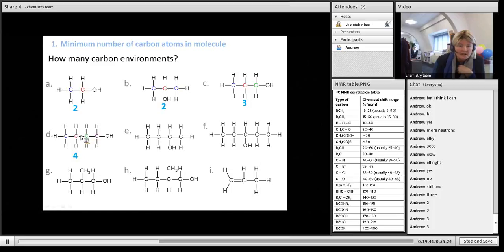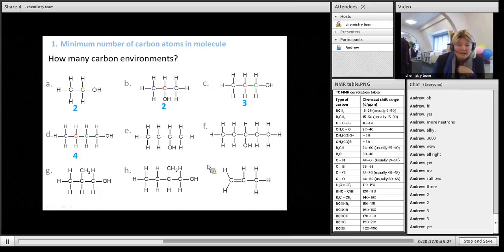But the middle one, this carbon has got 2 hydrogens, an ethyl, and a hydroxymethyl, whereas the red one has got a methyl, 2 hydrogens, and a hydroxyethyl. The green one has got 2 hydrogens, an ethyl, and a hydroxymethyl. I might have got myself a bit muddled, but can you see that the groups are different? So if they've got different groups on, then it'll be in a different environment.